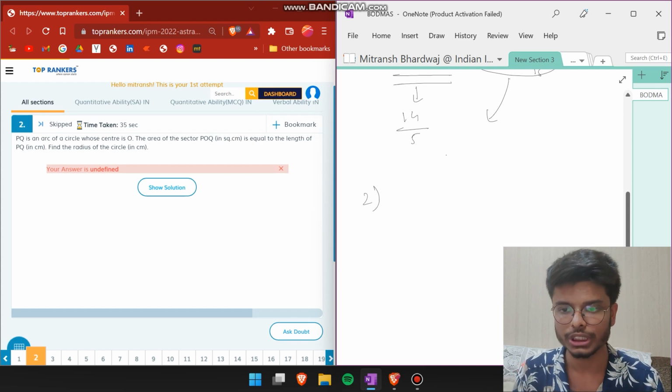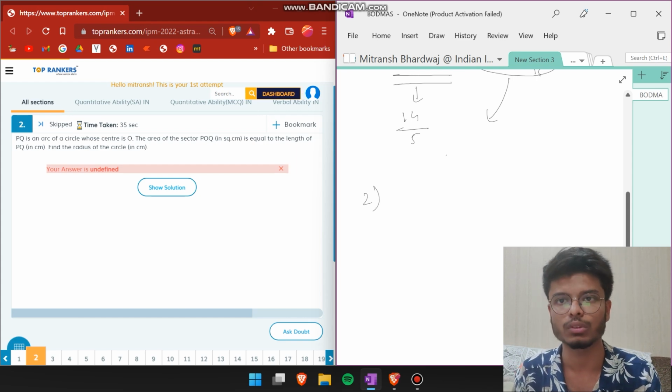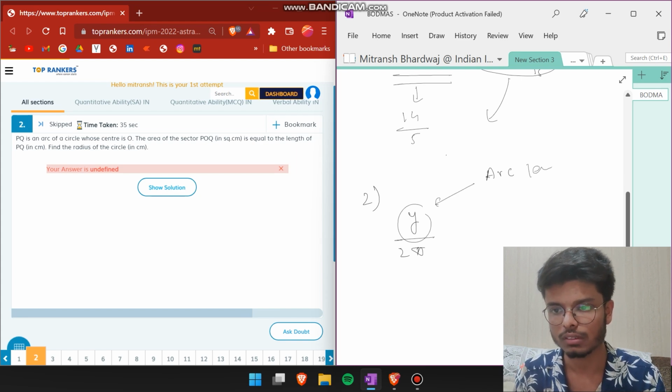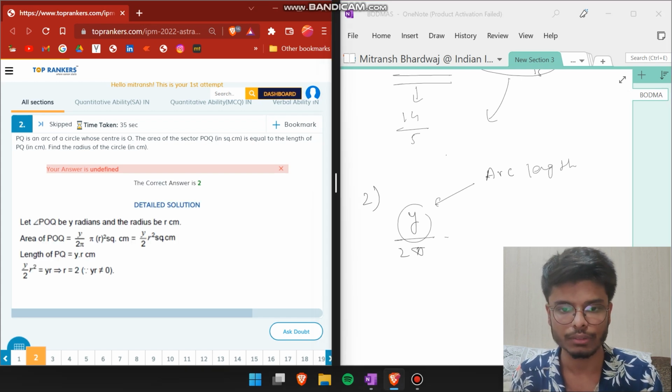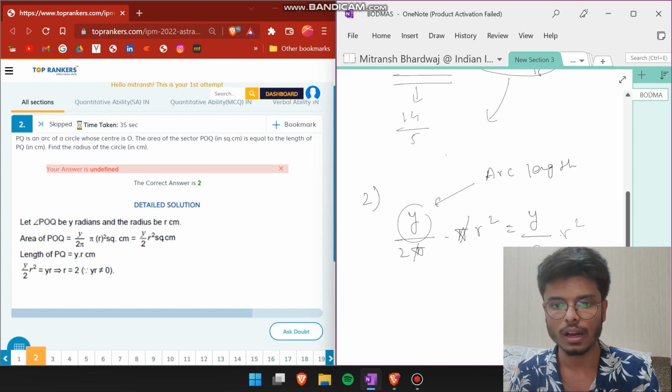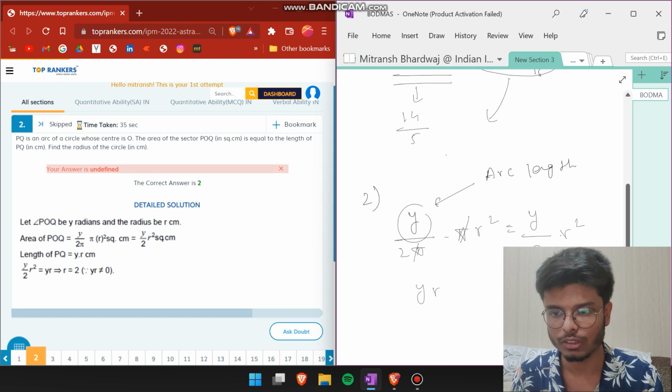is you quickly know that it can be done by substitution. Simple strategy will be, y by 2 pi, where this is nothing but the arc length, as you can see from the solutions, into pi r square is equal to y by 2 into, since the pi and pi get cancelled, r square, and the length will be just equal to yr.